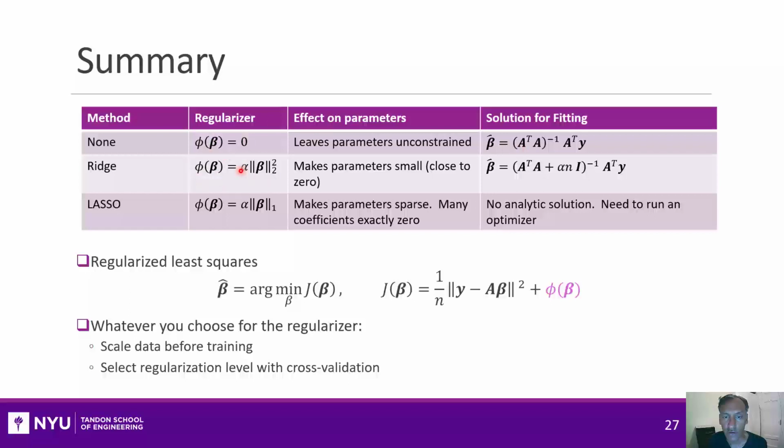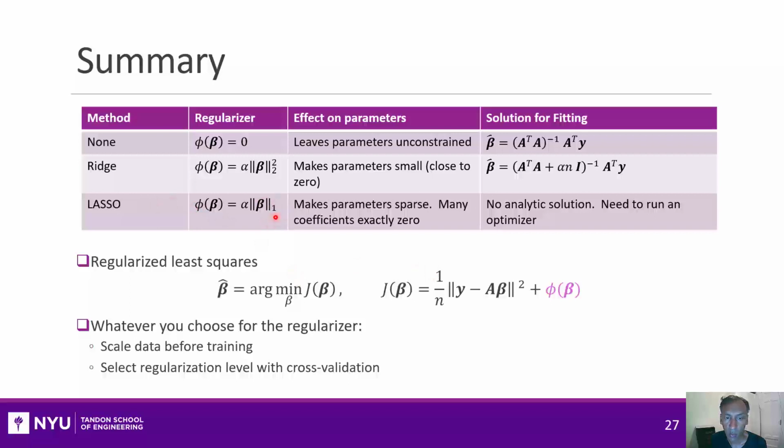Ridge regression has a regularizer like this, and it tries to make the parameters small, meaning close to 0 but not exactly 0. And we showed you how to solve that solution when you try to minimize the regularized cost.